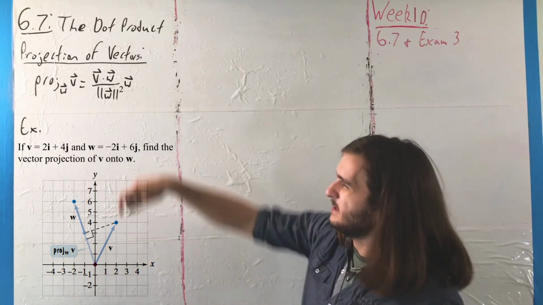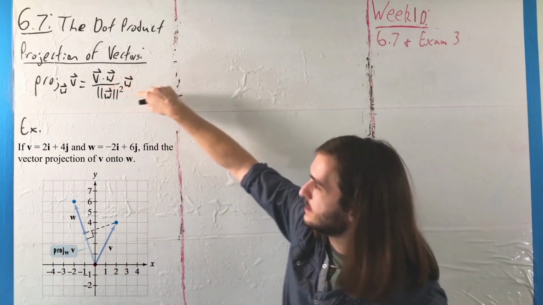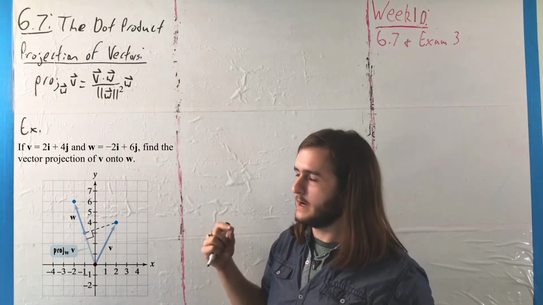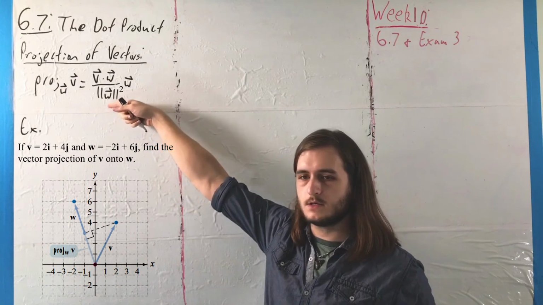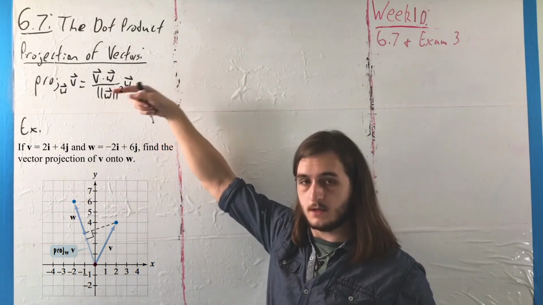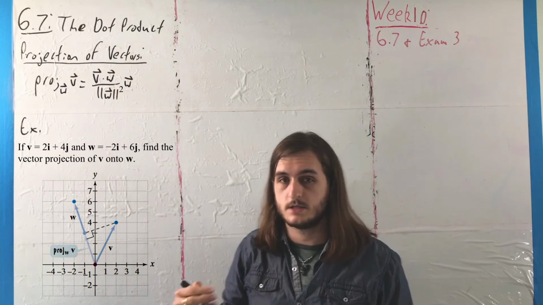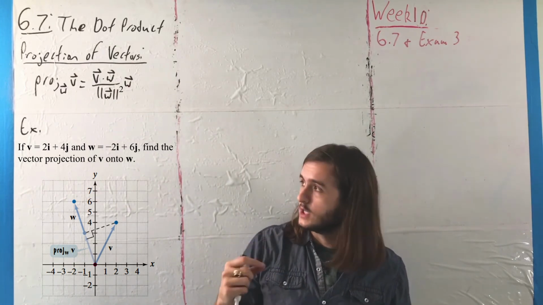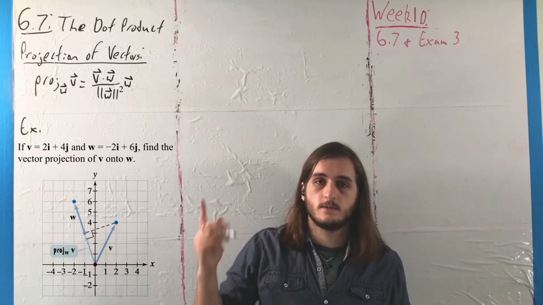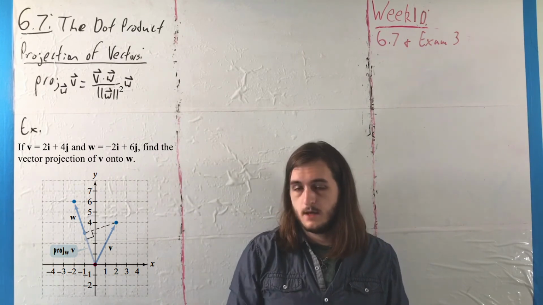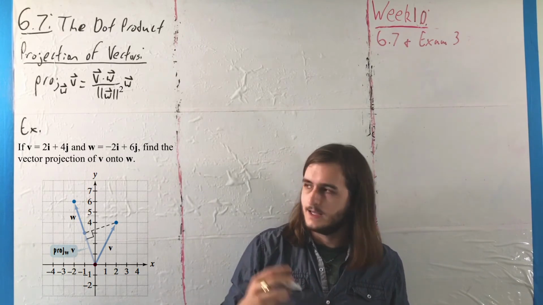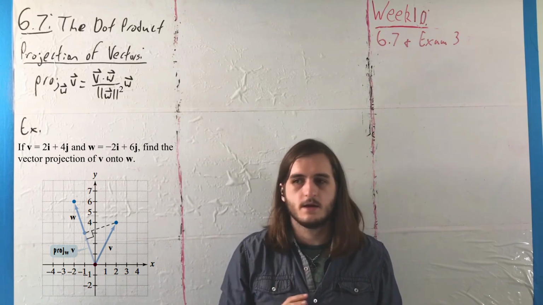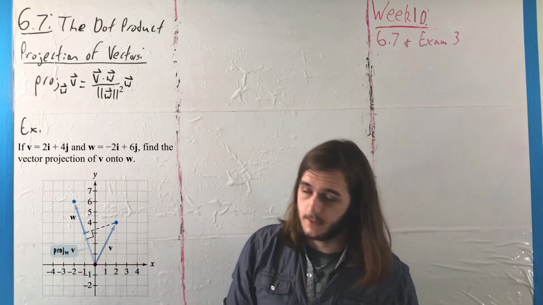So even though it looks like we might be multiplying some kind of vector thing times a vector without being careful about our notation, bear in mind this mess of things is always going to end up being a scalar. It's not always going to be a nice scalar because you've got some square roots in there that you're chasing around, but it is always just a single scaling term that we're multiplying a vector by. Because we're always going to be describing the projection, at least in this way, as a vector. You can talk about something else with projections, but we're not going to worry too much about that.